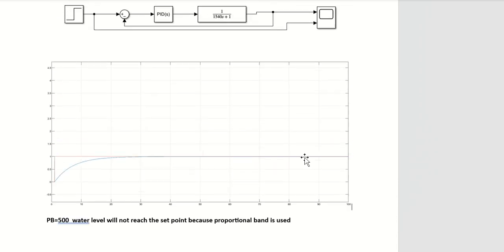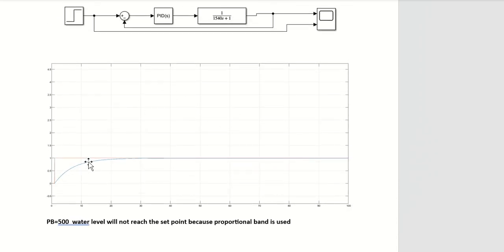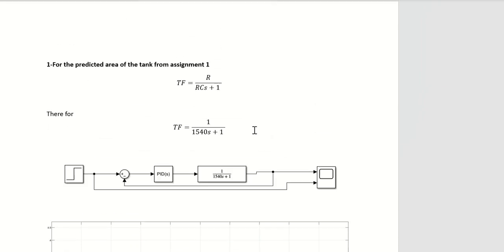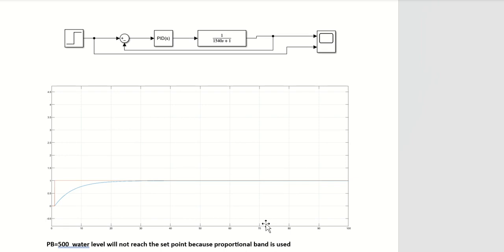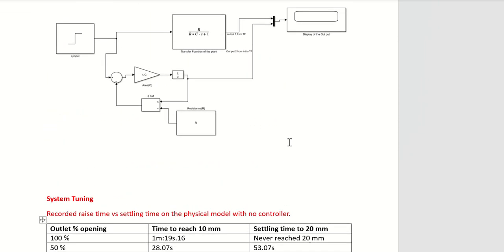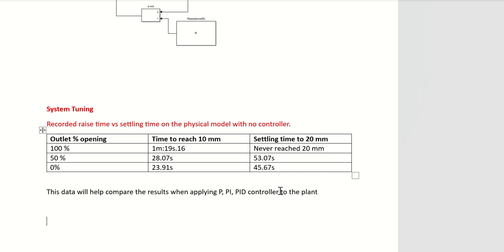But most importantly, our rise time and almost settling time is about 30 seconds, whereas in our model it's about 53 seconds. The conclusion is that the area of the tank we assumed in assignment one will never work with our model, because the settling time of this model is way lower than the actual physical tank.